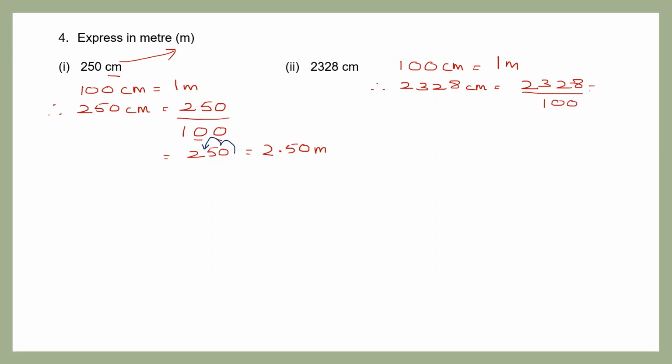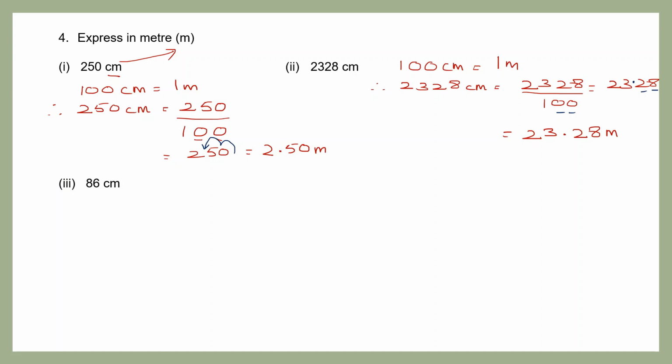Okay, now the point will move 2 places to the left. So first let me write this down as a whole number and look at my denominator. It has 2 zeros. Point moves 2 places to the left and comes here. So what do I get? I get 23.28 meters. So I've done my conversion.